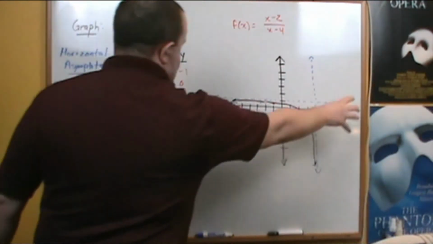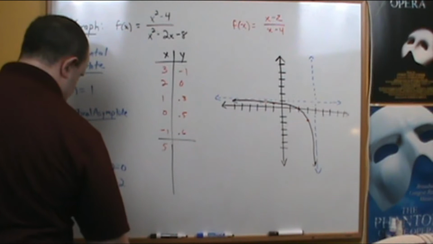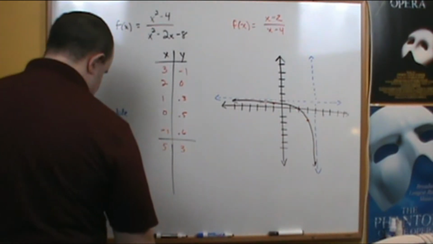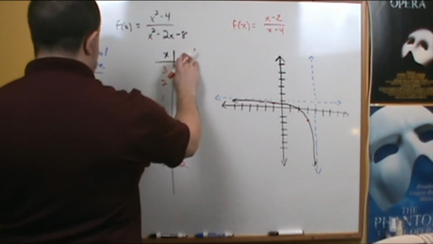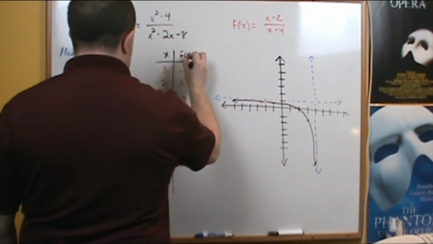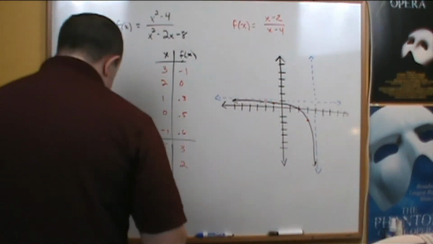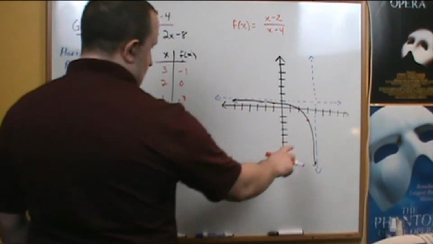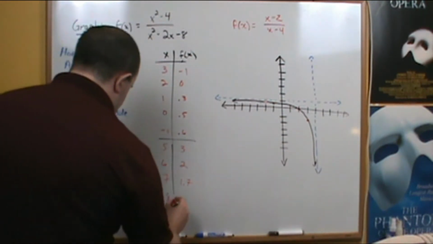And now if we look at this part of the graph, let's say x equals 5, y equals 3, or f of x equals 3. At 6, y equals 2, or I should say f of x here. At 7, that's going to be about 1.7, and at 8, it's going to be about 1.5.